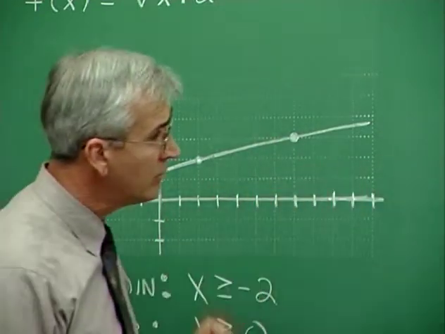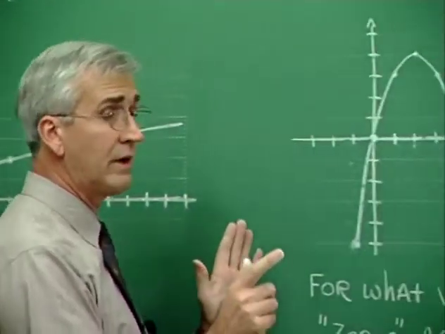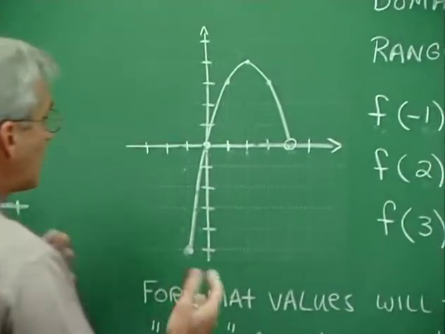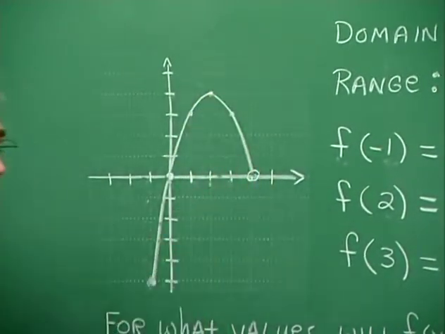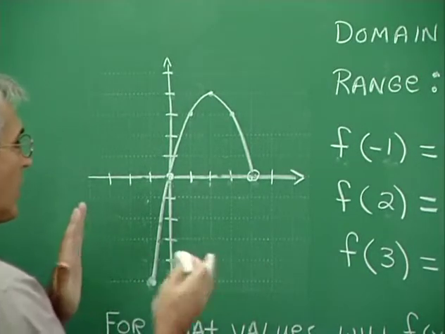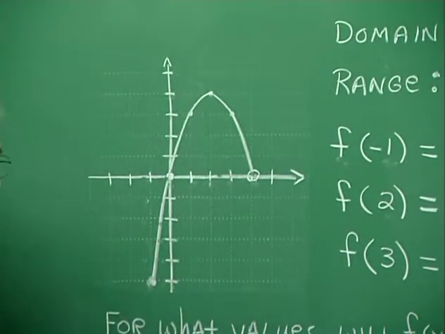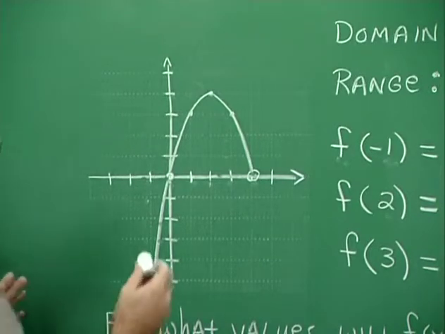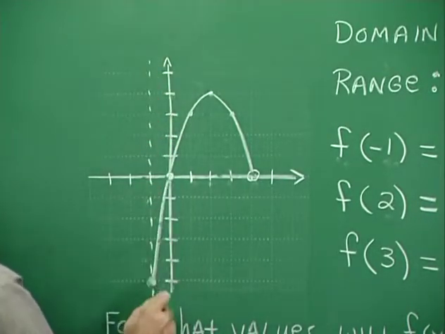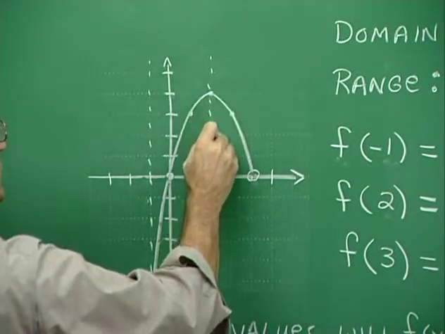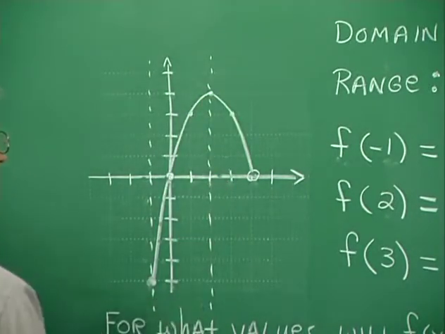Now this one is not increasing over its entire domain. It's actually increasing over part of the domain and decreasing over another part. And a lot of times this increasing decreasing idea is separated into intervals. And here's what I'm talking about. Just for emphasis, I'm thinking of an interval along the x-axis.